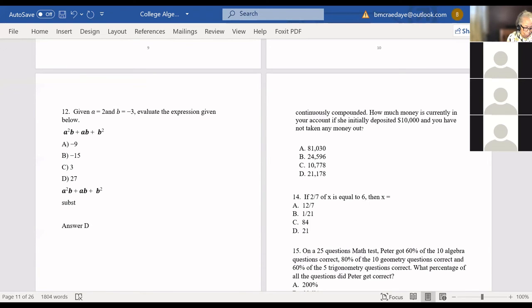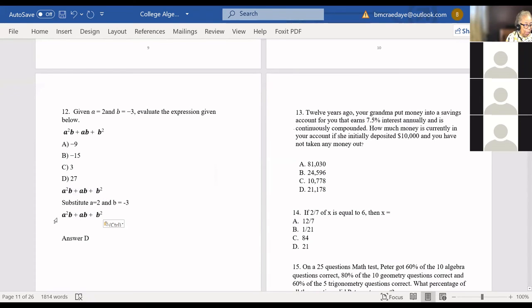Substitute. So what I want you to do, just copy this over and put in the substitution.